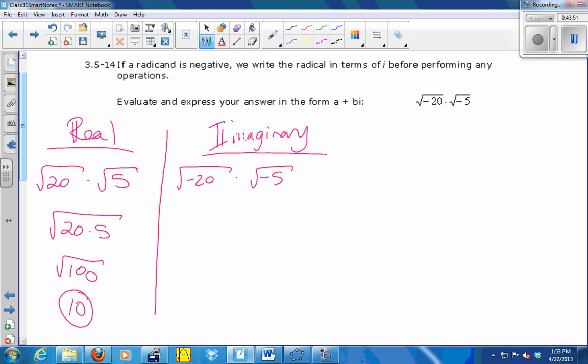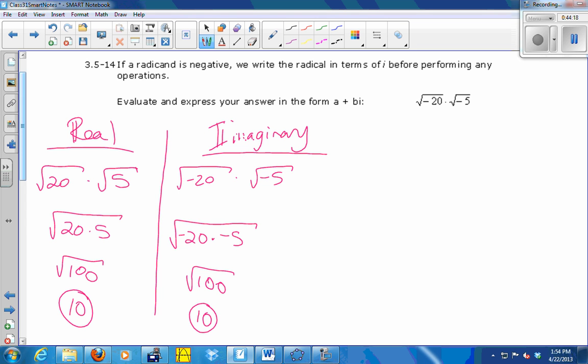It seems like these are two very different pieces of arithmetic, so you would expect a different answer. But if I followed this same rule, negative 20 times negative 5, I would get the square root of positive 100, which is 10.